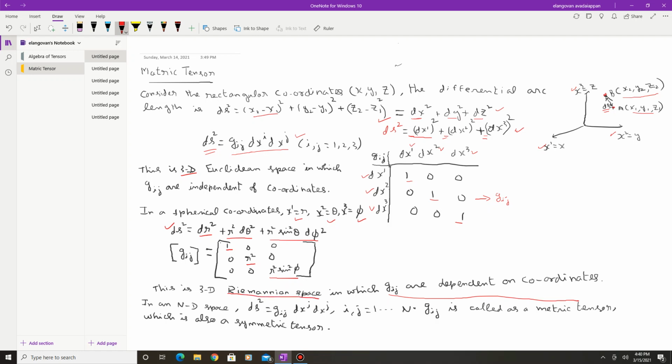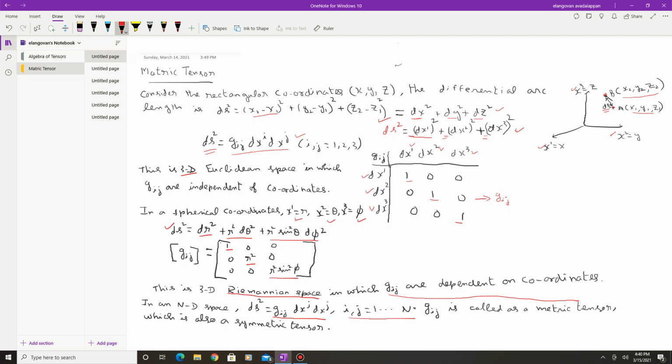In general, let us choose an n-dimensional space. In the n-dimensional space, the line element is expressed as ds square equal to gij dxi dxj. Here i runs from 1 to n, and j also runs from 1 to n.